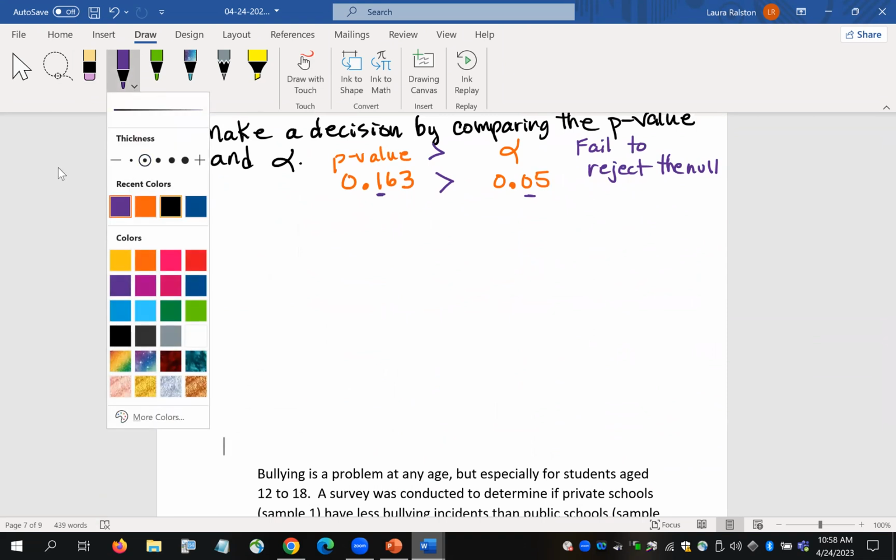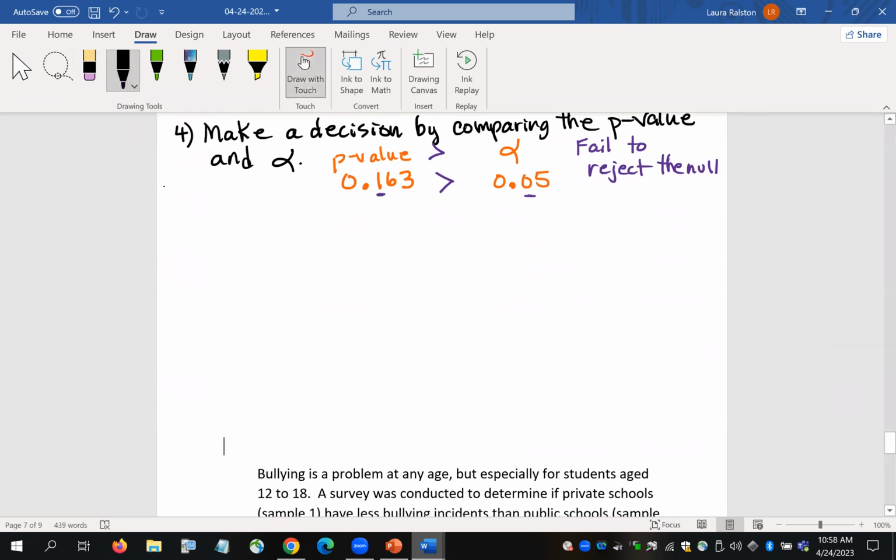So then, as we always do, the last step is to write the conclusion.